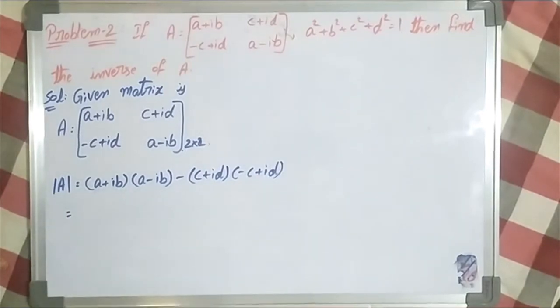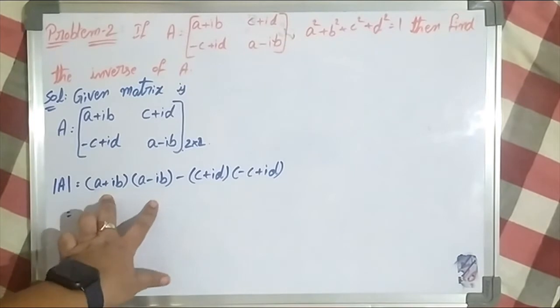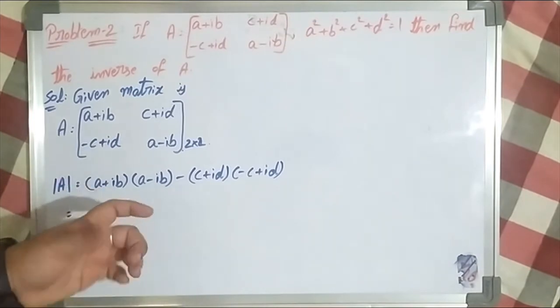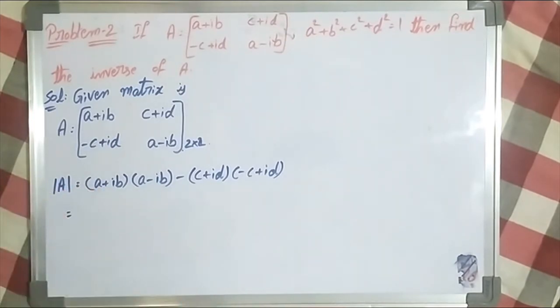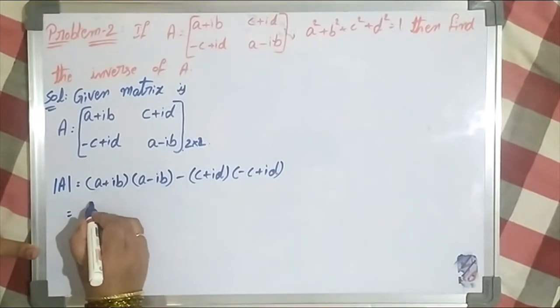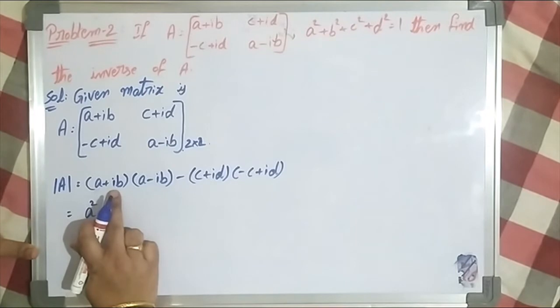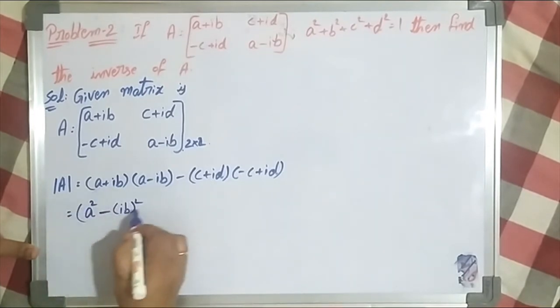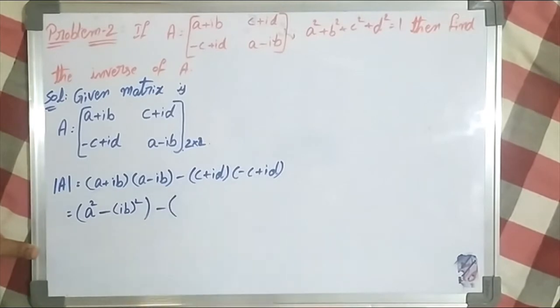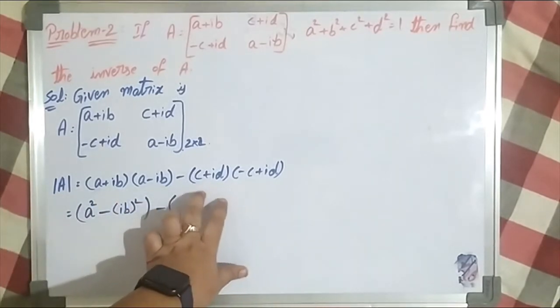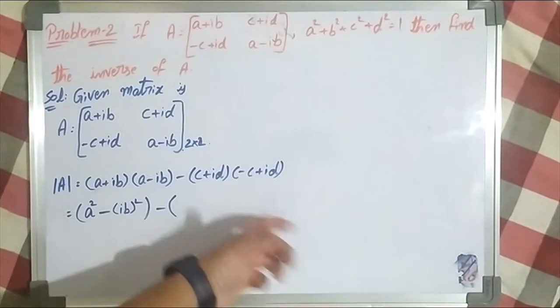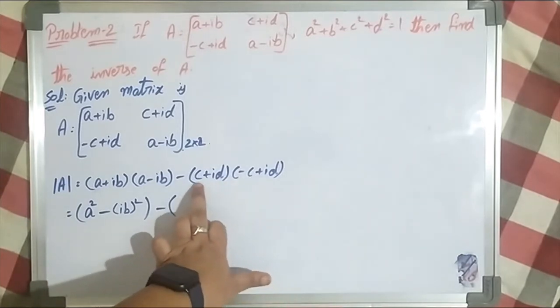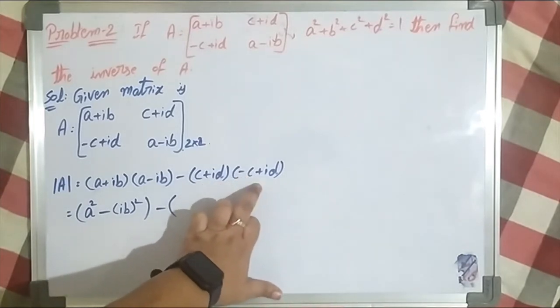Here we apply the formula (a plus b) into (a minus b) is nothing but a square minus b square. That is a square minus (ib) whole square, minus of, here also the same formula (a plus b) into (a minus b), but here we have a plus b into minus a plus b.